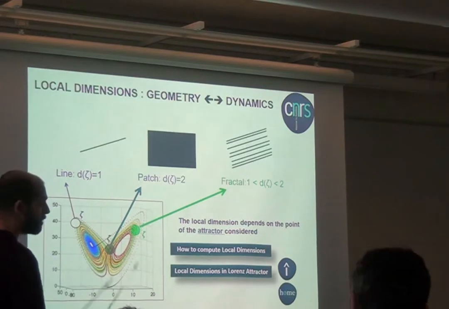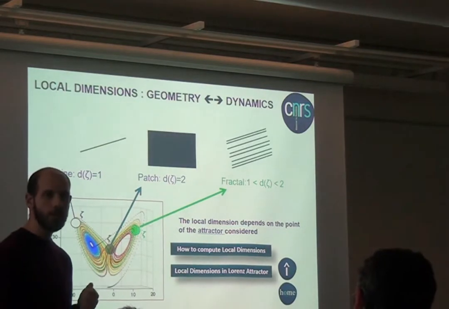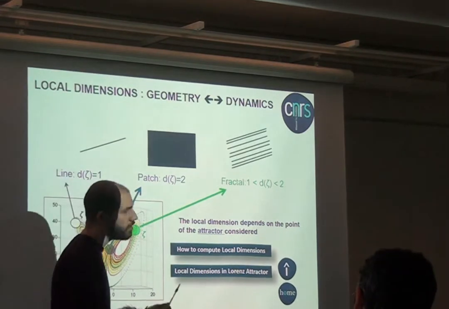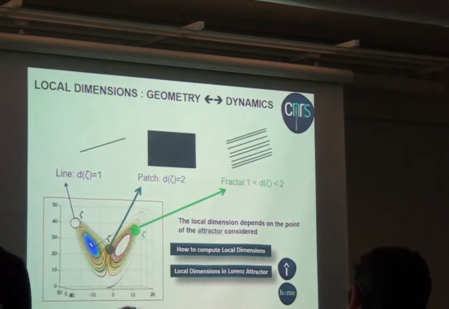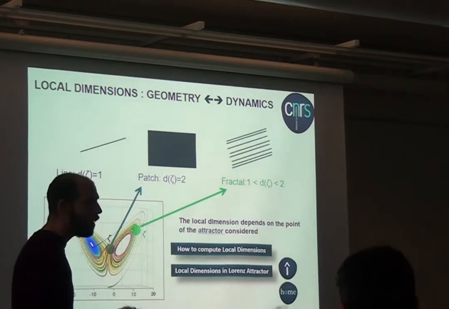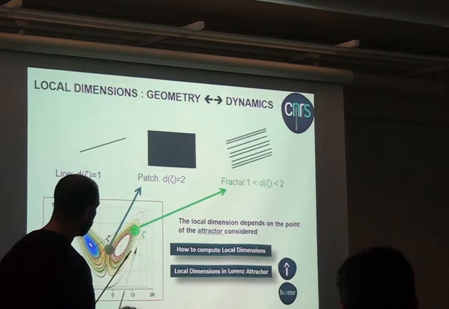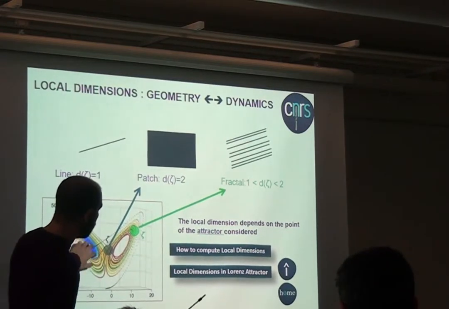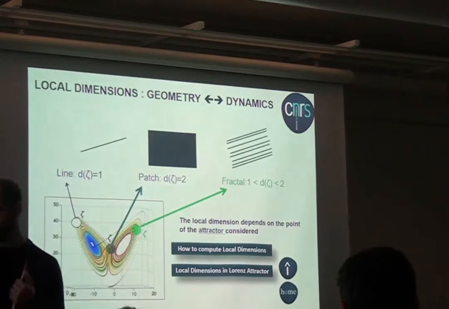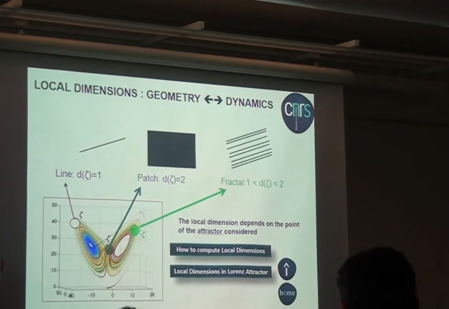So we will see that in some regions the local dimension is higher and in some regions it is lower. This is a different concept from the dimension of the attractor overall, which will be by definition the average of all the dimensions of all the spheres that we can draw in the three-dimensional phase space around the compact object.